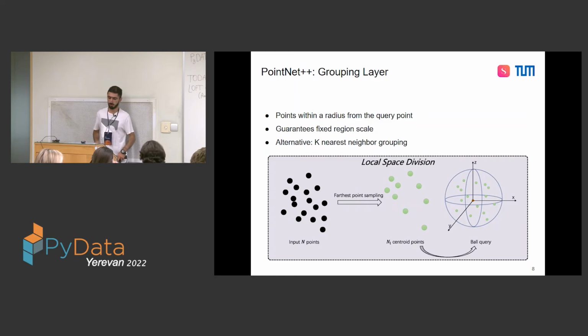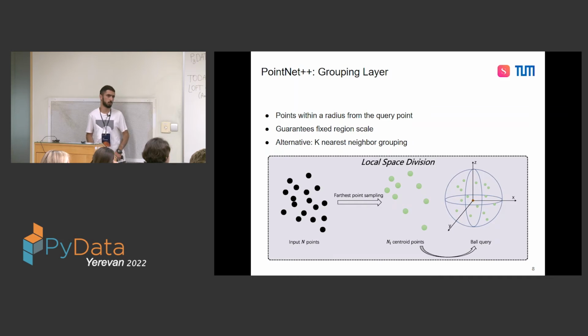Okay, so as you can imagine, we did this sampling to get some centroid points because we needed to lower the number of points, as I said, in this set abstraction layer to be fed onto the following PointNet with shared MLP. So we did this and got the centroid points. And also we do this ball query, which means that we need to identify which points are in the neighborhood of the centroids we have chosen.